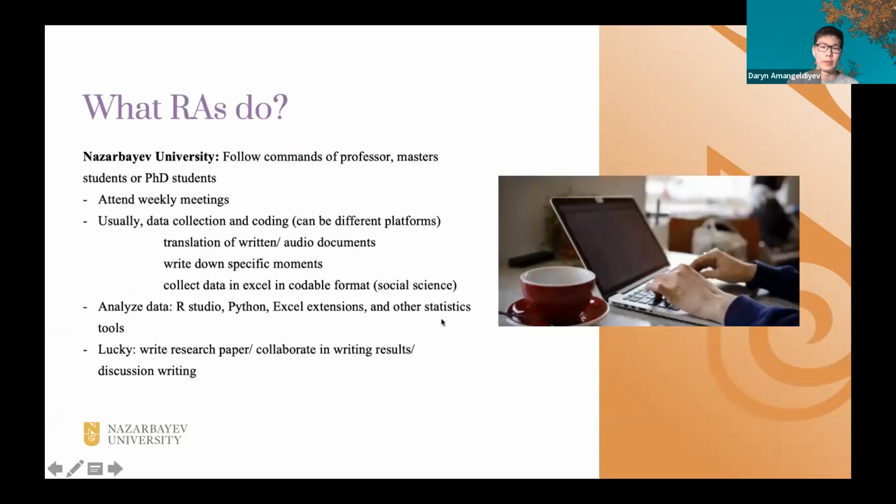Yeah. And just shortly, as previously explained, what RAs do, specifically at Nazarbayev University: research assistants, first of all, of course, follow the commands of the professors, or if the research is being conducted by master's degree students or maybe PhD students, we always should follow their commands because they're professional.